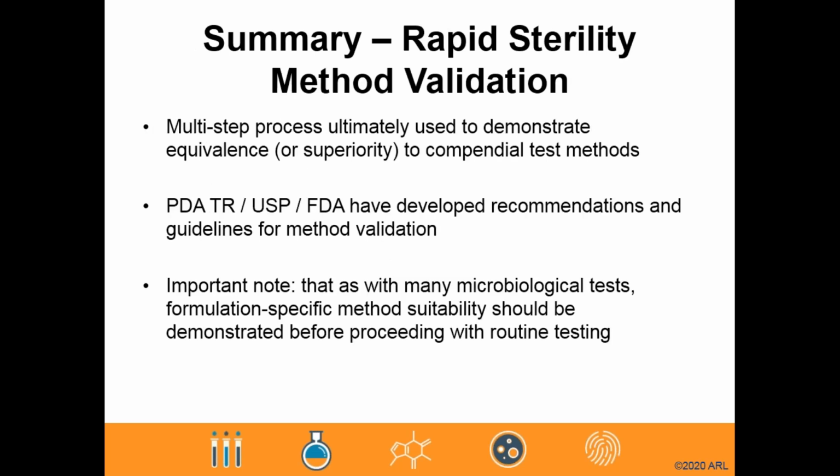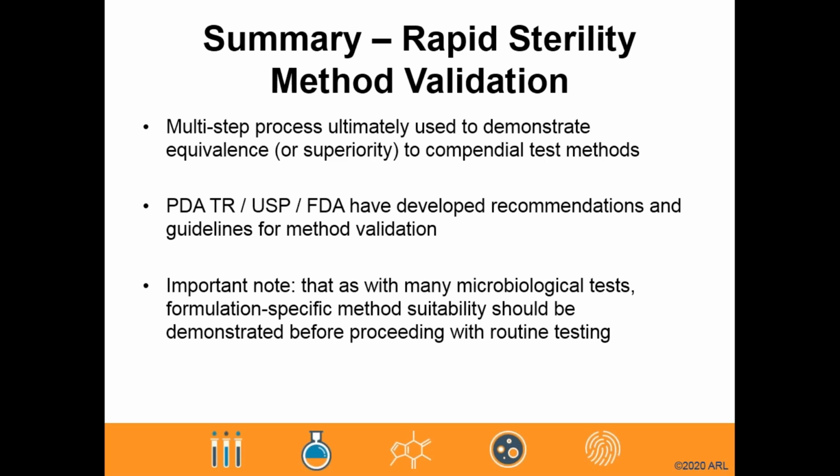Rapid sterility method validation is a multi-step process with the ultimate goal of demonstrating equivalence, or in some cases superiority, of an alternative test method to a compendial test method. As noted, there are multiple resources available to assist in the design of a validation strategy, with the notable recommendations and guidelines being produced in USP general chapters, FDA guidance to industry, and PDA technical reports.